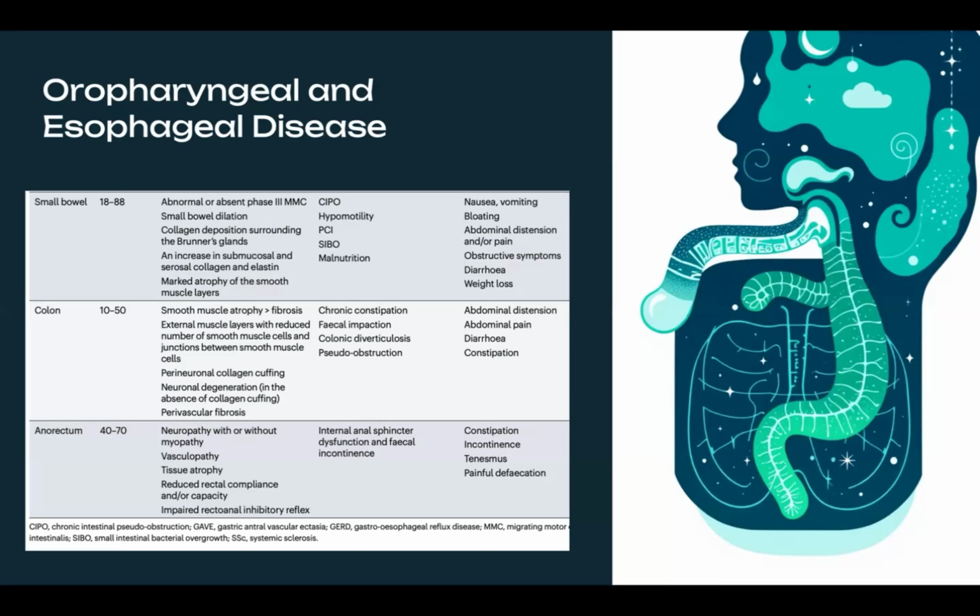Most of the problems in the small bowel are mainly due to dysmotility, which leads on to bacterial overgrowth. Some of them can have things like blind pouch syndromes, and that causes chronic pseudo obstructions, hypomotility, bacterial overgrowth, and everything culminating in malnutrition.